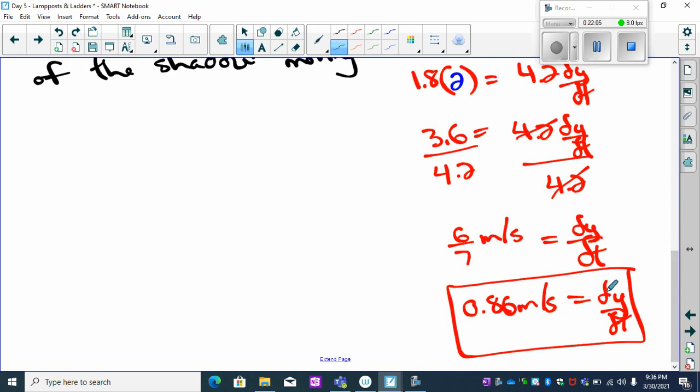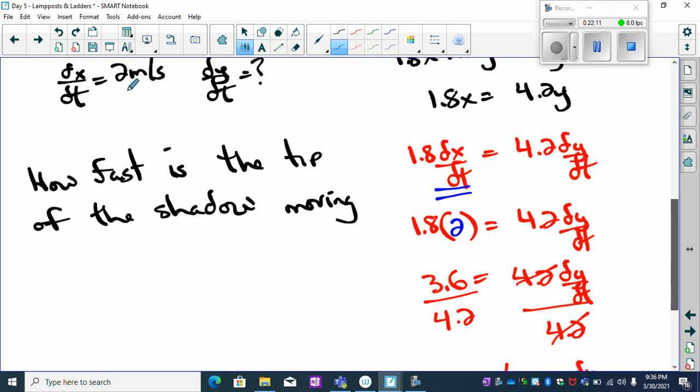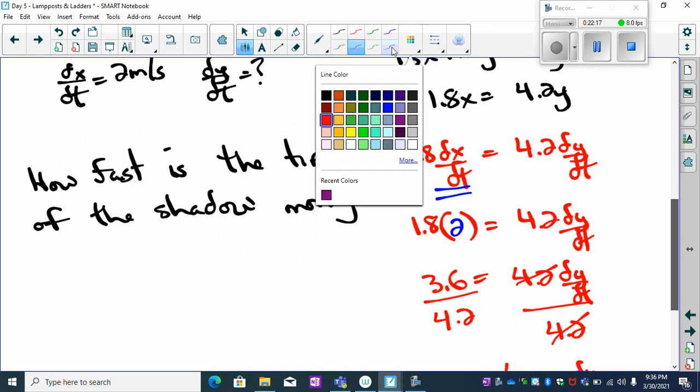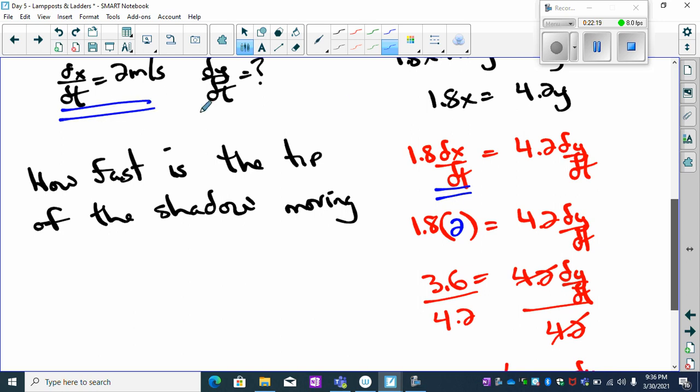The shadow's growing at a rate of 0.86 meters per second, and the man's moving at a rate of 2 meters per second. So I would just add those 2 things: dx over dt plus dy over dt.